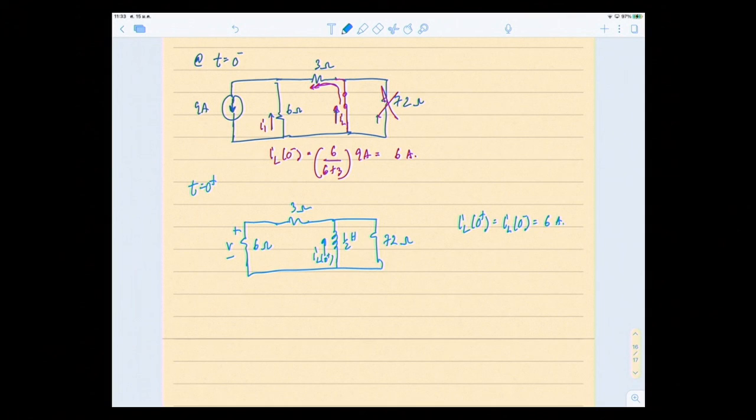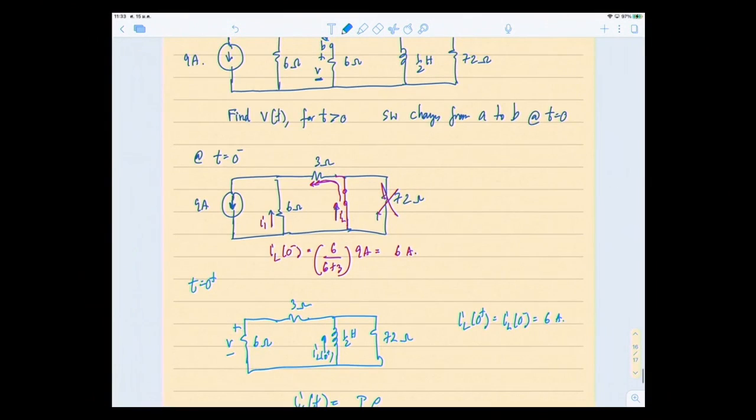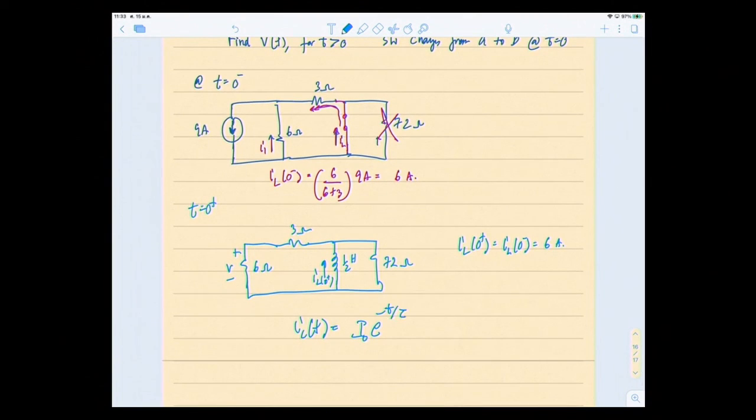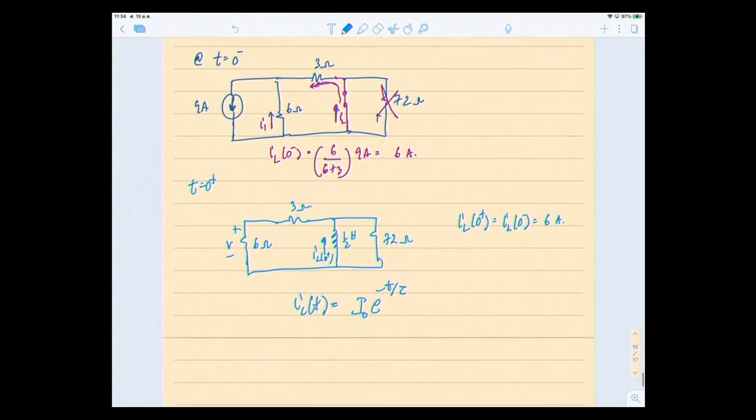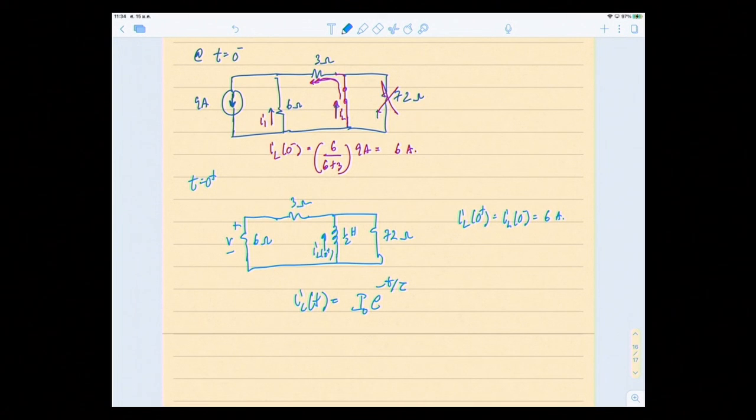So IL of t would be in terms of I naught, e to the minus t over tau. So can you find out what tau is?